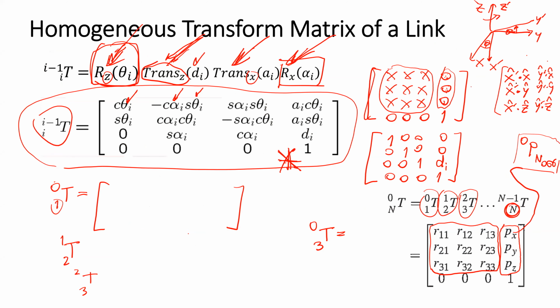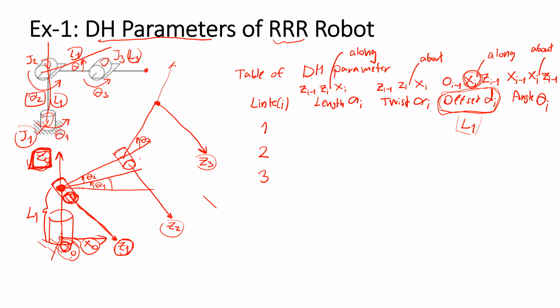Let's see the mutual perpendicular between Z0 and Z1. Now we can see that Z0 and Z1 intersect.